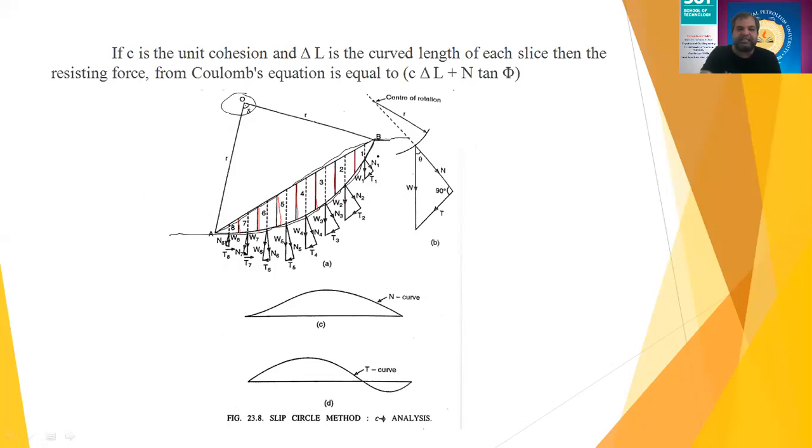For example, I have taken 1, 2, 3, 4, 5, 6, 7, 8 slices of this circle. Also you find out the midpoint of each. This dotted line is the midpoint of each slice. That is what I have drawn here. So this is the midpoint you draw for each of the 8 slices.